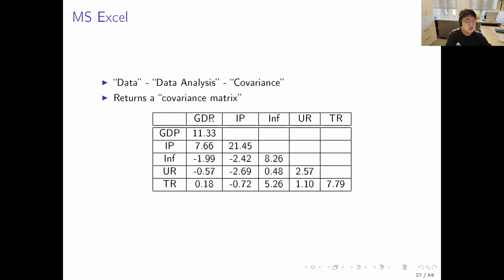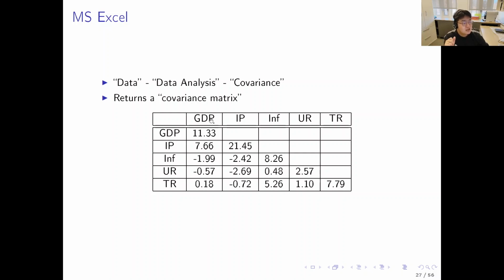So if you choose GDP growth rate and GDP growth rate, covariance between GDP and GDP is the variance of GDP, right? We learned in the previous video that the covariance is a generalization of the variance. So the covariance of GDP with itself is its variance.